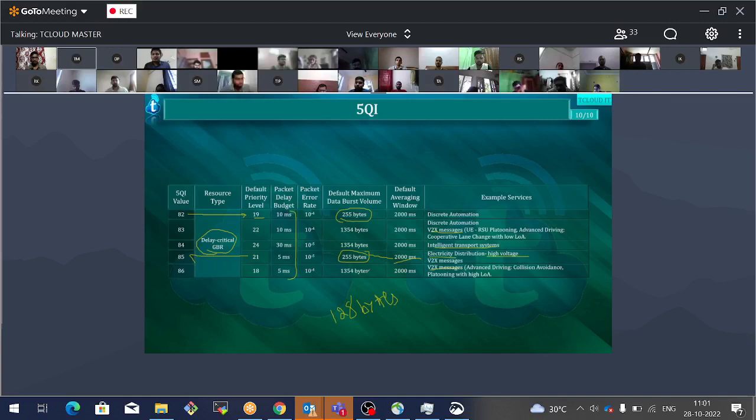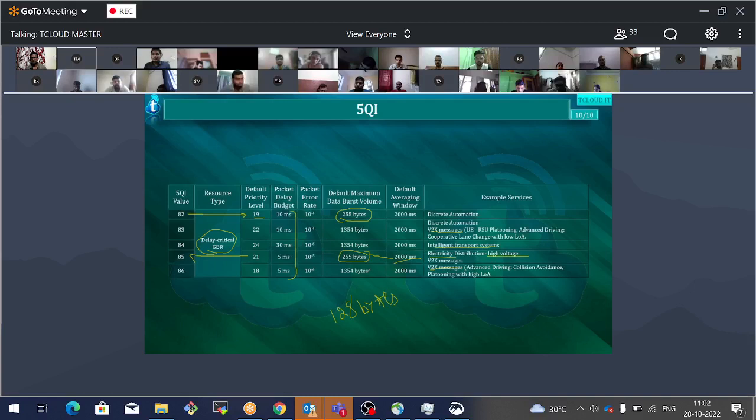You can't do that. So within this limitation, you have to play. Your applications must work within the size limitations listed here. The maximum size is 1354 bytes for 5QI values 83, 84, and 86. But for 82 and 85, it is 255 bytes.